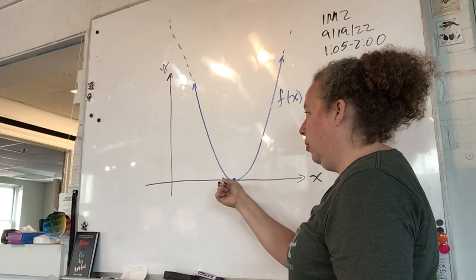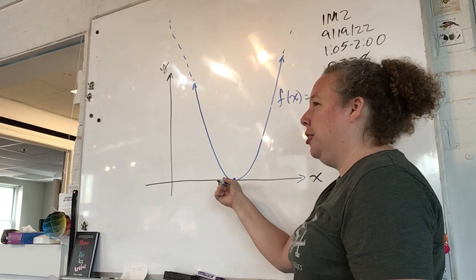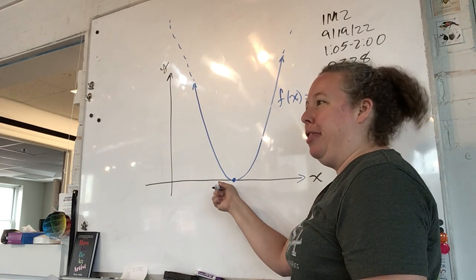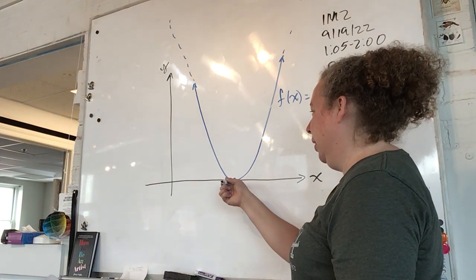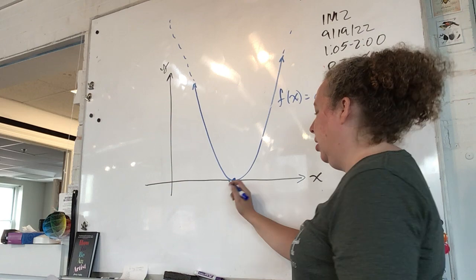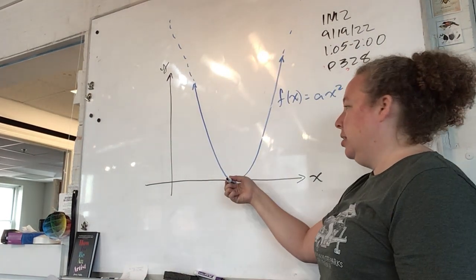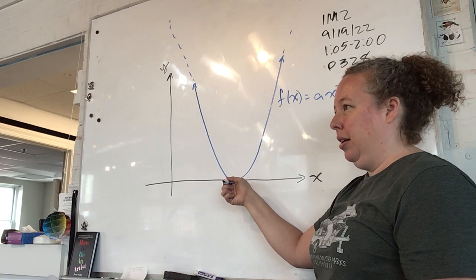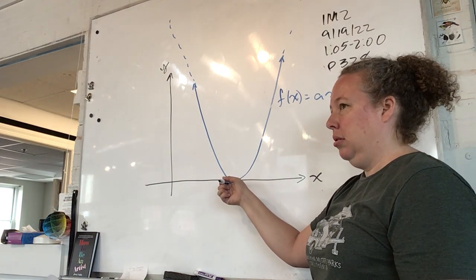Well, is there a difference between 0 and nothing, or 0 and absent? That's kind of a tough philosophical question. But if it's sitting right here on the x-axis, let's just say that this is 10. Is there a y coordinate for this 10?